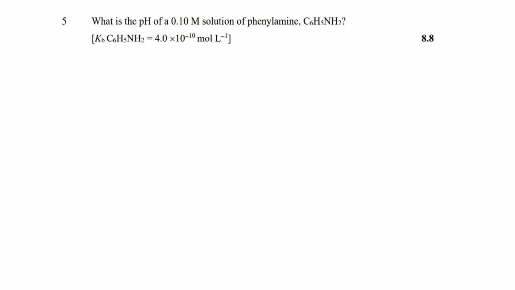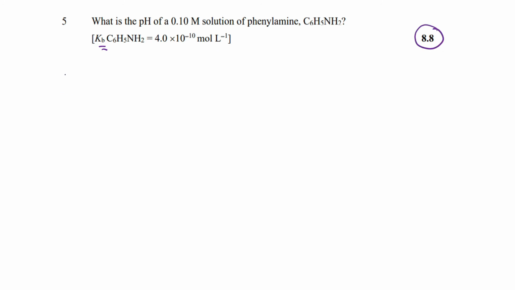Next, what is the pH of 0.1 molar solution of phenylamine? Jadi phenylamine adalah base. Sebab apa kita tahu base? Kerana dia memberi kita nilai apa di sini? Kb. Jadi dia bagi pKb dia sama dengan 8.8. Okay, 8.8 di sini.